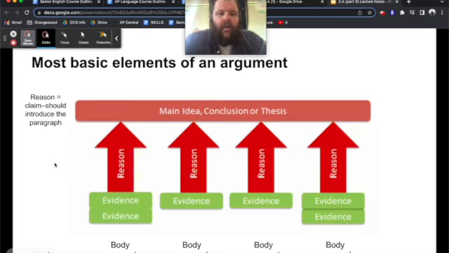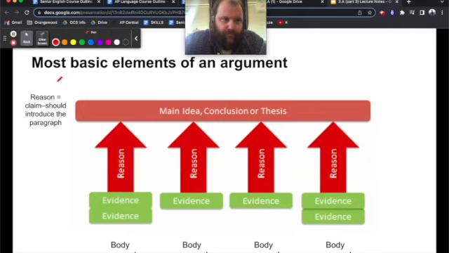All right. Here is, once again, how an argument is set up. And this was all about taking these pieces of evidence and making sure that we embed them, right? We embed them. So all of these pieces, they flow from one to the next, right?